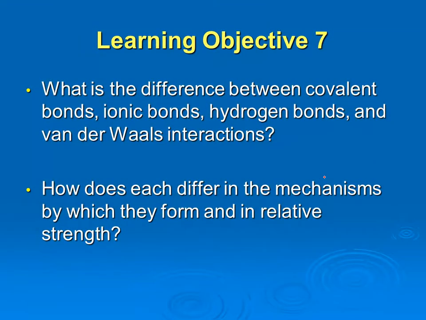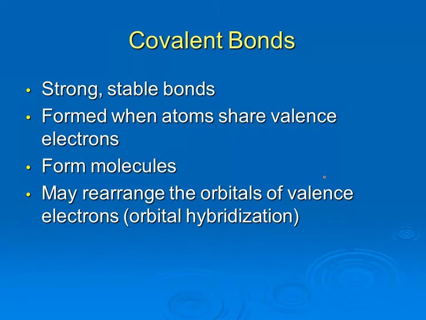So let's look a little bit at some different bonds. Number one bond is covalent bonds. First thing to note is that these are relatively strong, stable bonds. It's not impossible, but it's more difficult to break apart a compound if it is held together with a covalent bond, right? How do you form these?